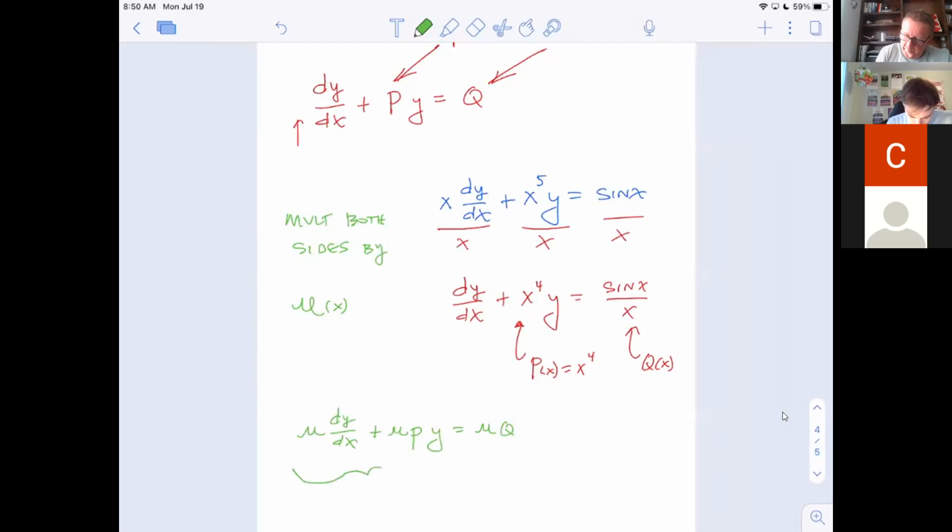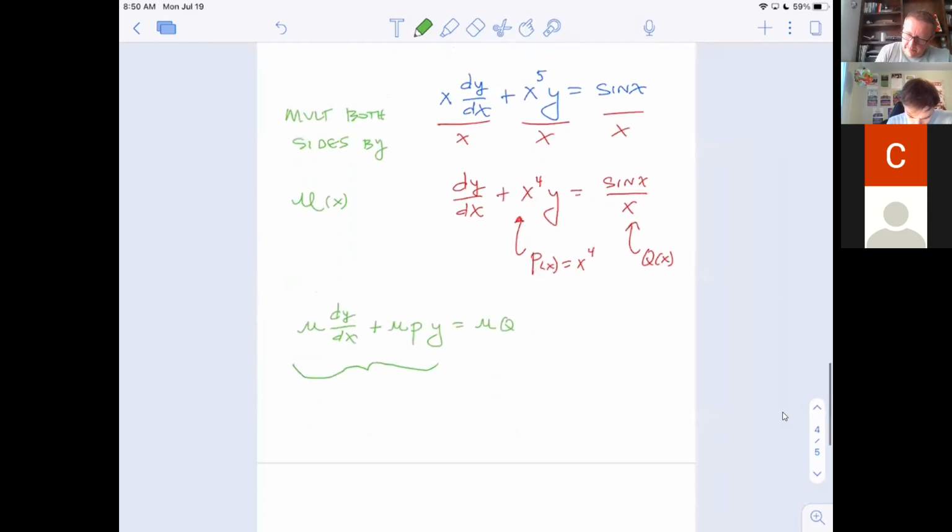Does it make sense? So mu times p has to be equal to the derivative of mu, if that's going to be the product rule. Say what you just said again, David. So mu times p has to be equal to the derivative of mu in order for it to satisfy the product rule. Is he right? Yes.